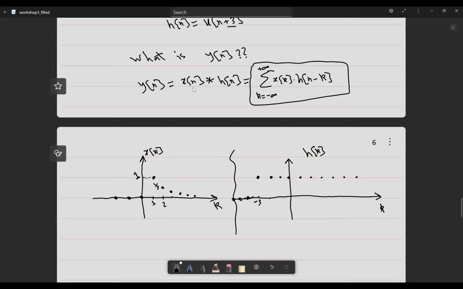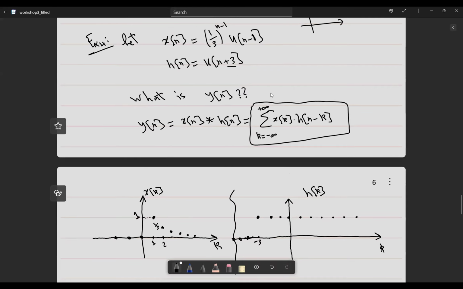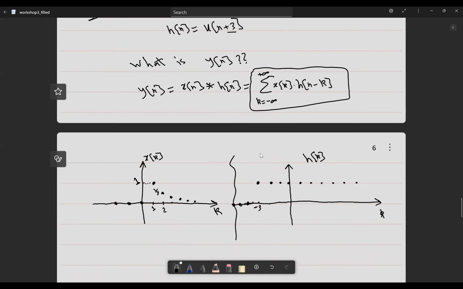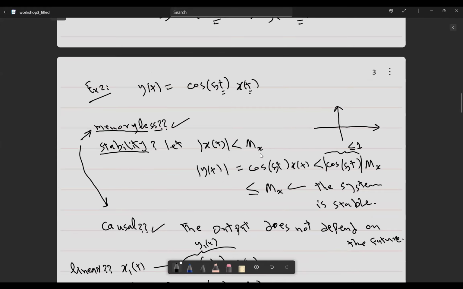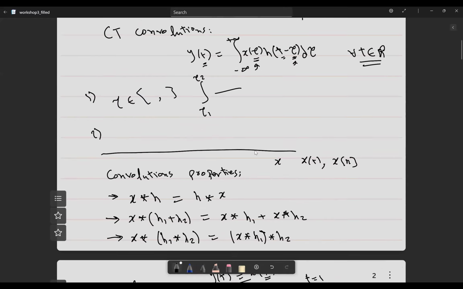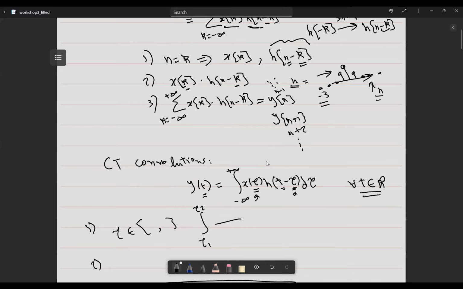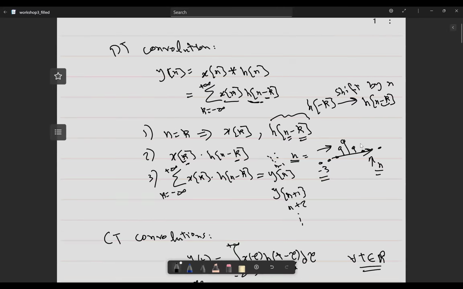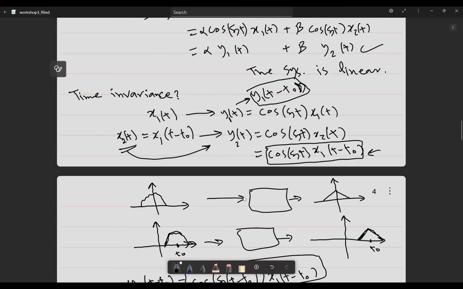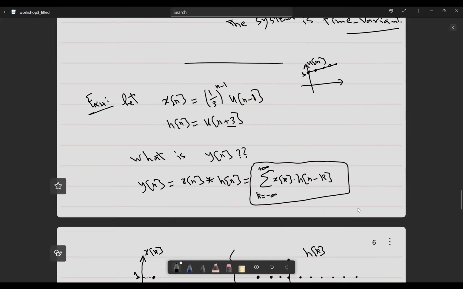So this is h[k]. In order to do the convolution, as we said before in the review, we first need to flip the impulse response, or do a time reversal, and then start shifting by n to do the convolution graphically.